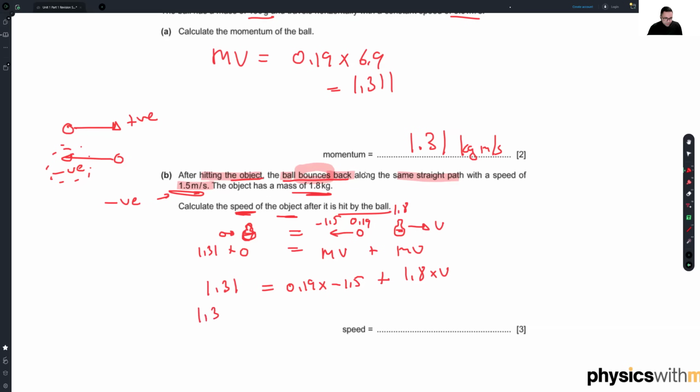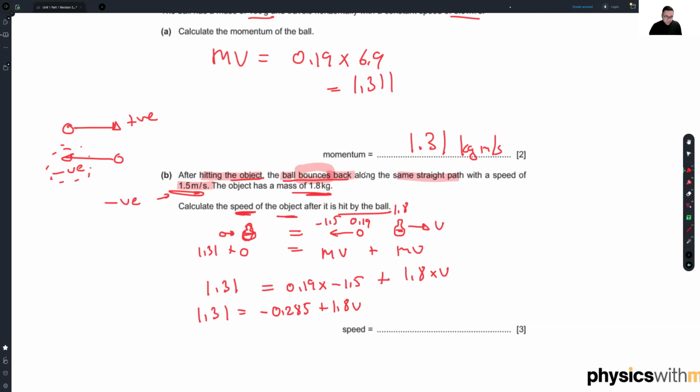This gives me, I'll tell you something. Some students, when they solve, think they're doing badly because the numbers look weird. Like, what's this? 0.285 and 1.31. You're not doing badly at all. Sometimes the questions are designed to have really awkward numbers. This is fine.